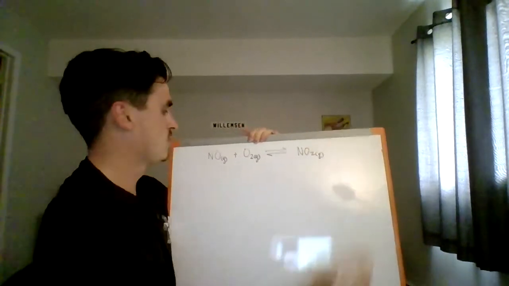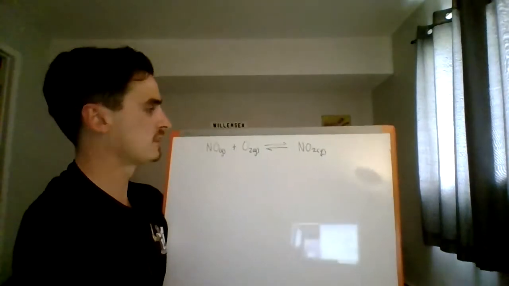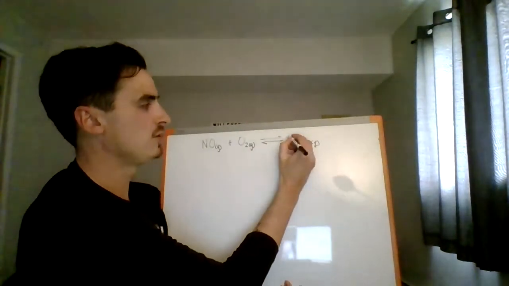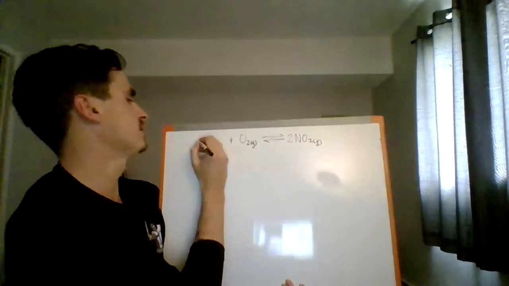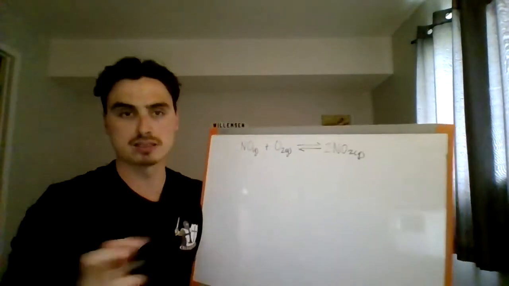So all I'm going to do here is balance this. Clearly, this is an unbalanced equation. So if I put a 2 here, I'm going to get 4 oxygens. If I put in 2 nitrogens, so I can put a 2 there. My equation is balanced.